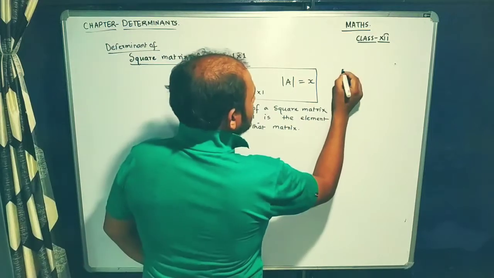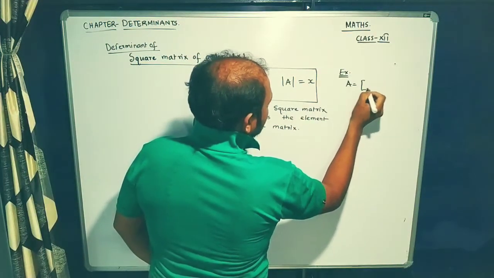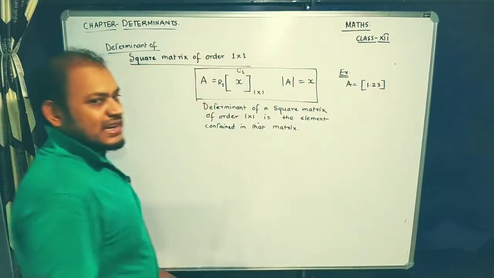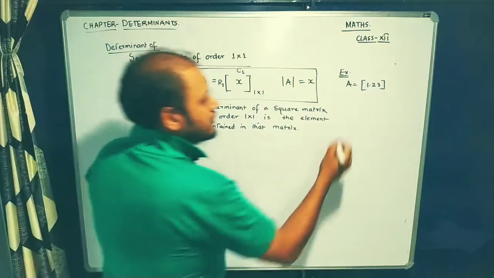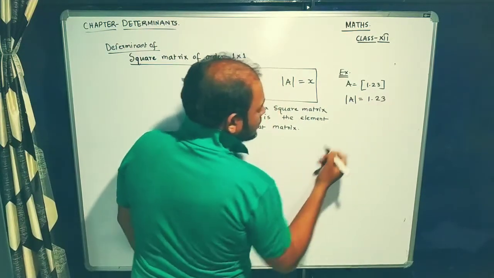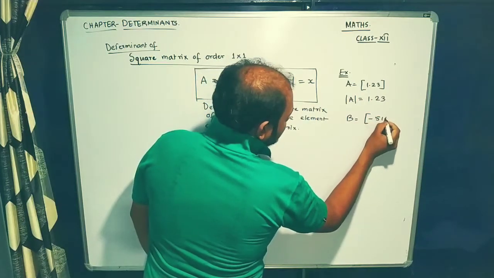Let me give you some examples. For example, if I say A is a matrix given as 1.23, so it has only one element inside it. So what will be its determinant? So the determinant of A will be 1.23. Another example, let us say B is equal to minus 516.